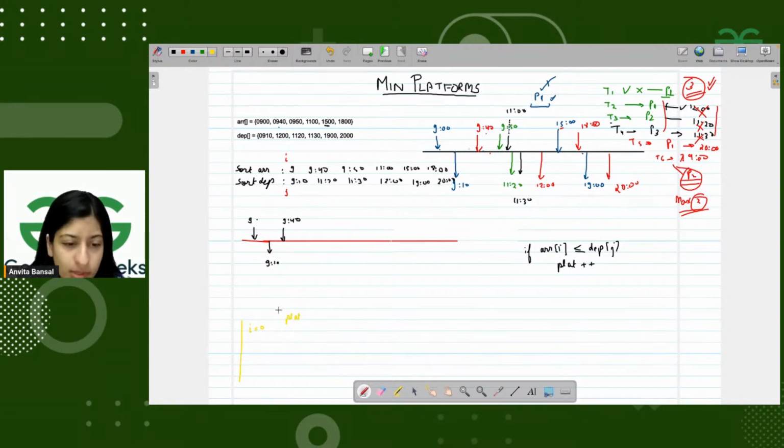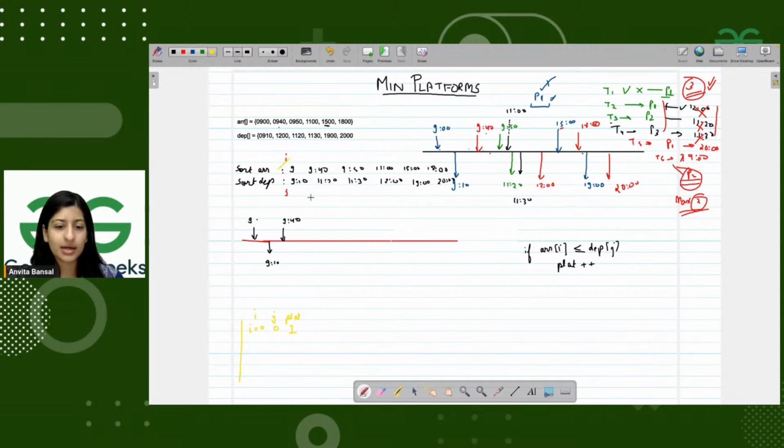Platform is going to be 1, and simultaneously J is also 0, I is also 0. Platform is going to be 1. Why? When ARR of I was less than departure of J, you don't have to care about whose departure it is. We just want to know when is arrival, when is departure, whichever train it is. Okay, so I know any train is arriving at 9 and some train is leaving at 9:10. So in that case, one platform must have been used. So for that, I have already incremented the value of platform.